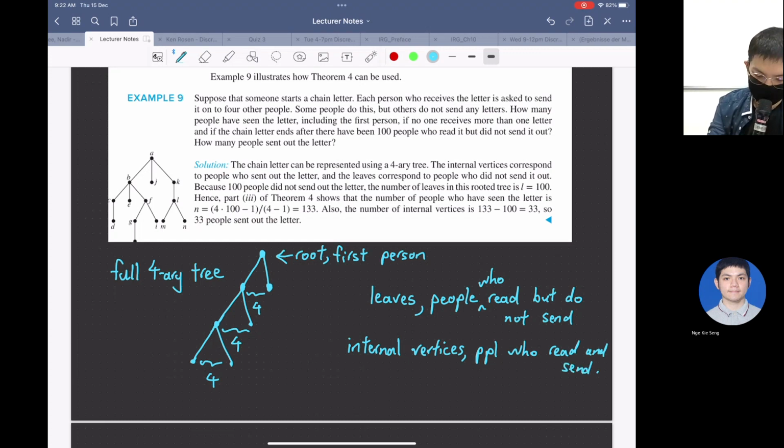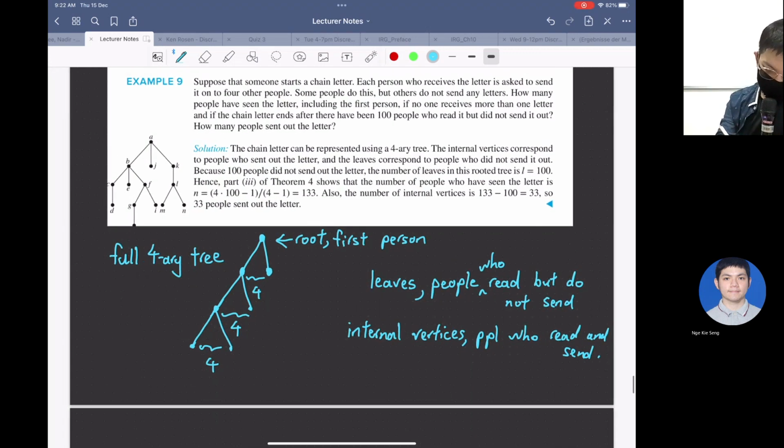So this means all the vertices are the people who read it. If you combine the two numbers, those are the people who read it.